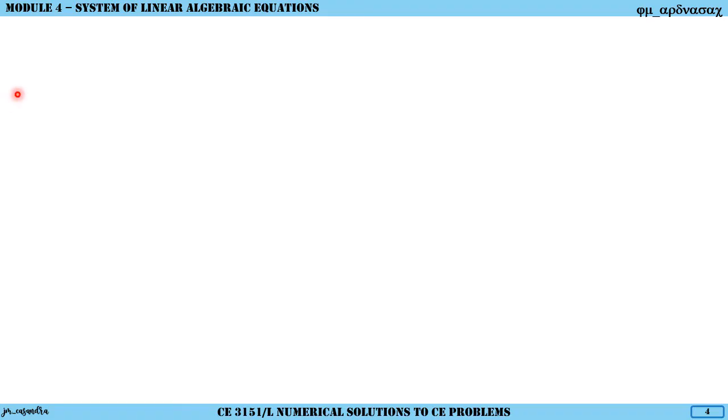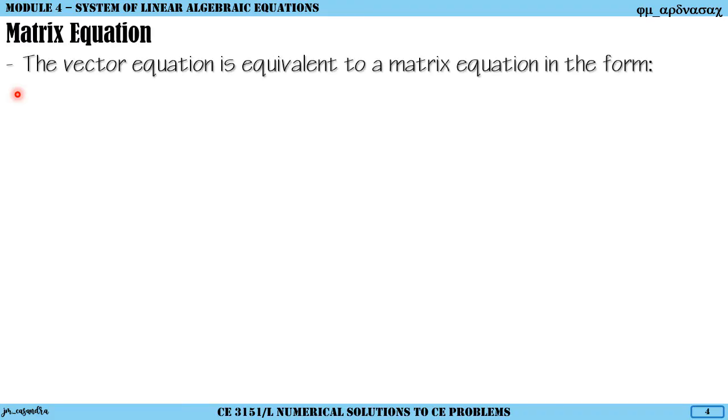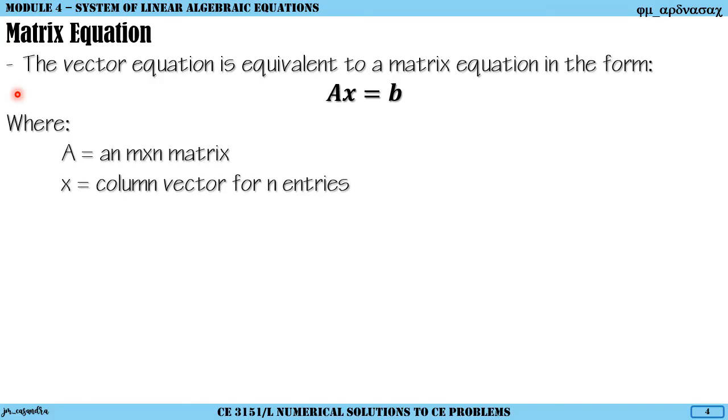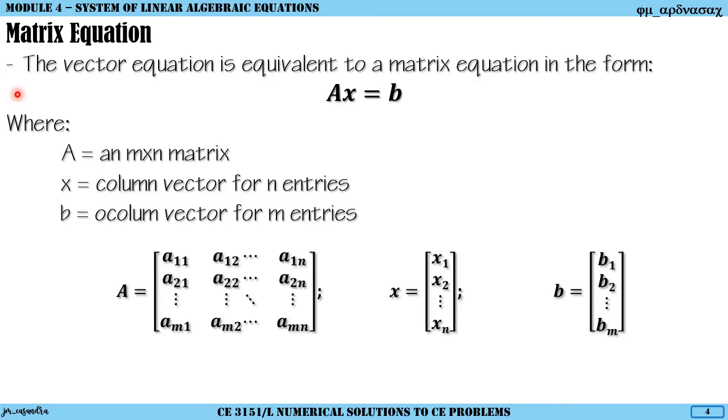As we have converted linear equations into a vector equation, these vector equations can also be converted into a matrix equation, which is equivalent to the form Ax equal to b, wherein A is any m by n matrix, x is the column vector of n entries, and b is the column vector of m entries.